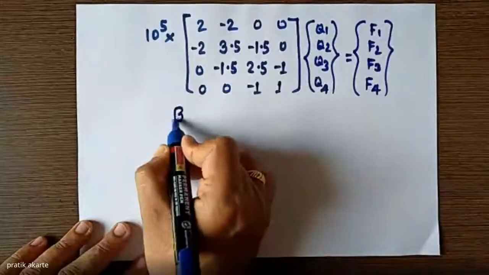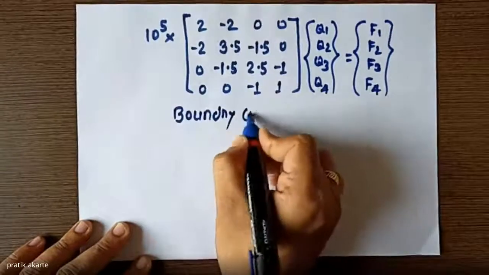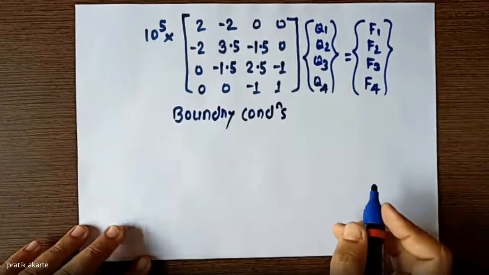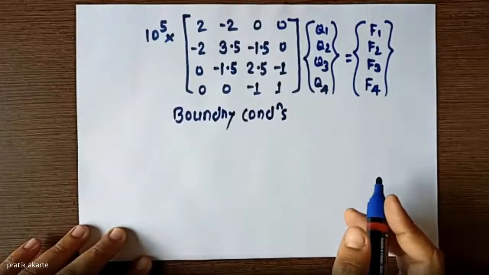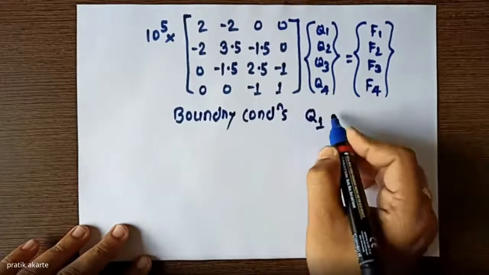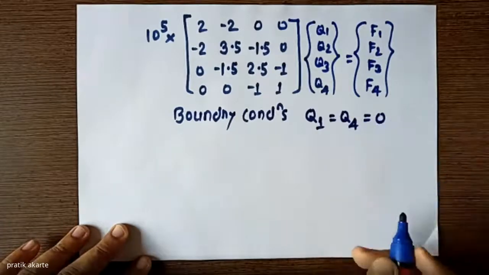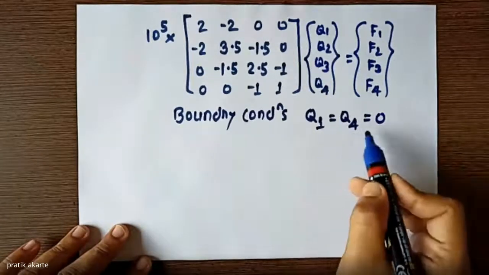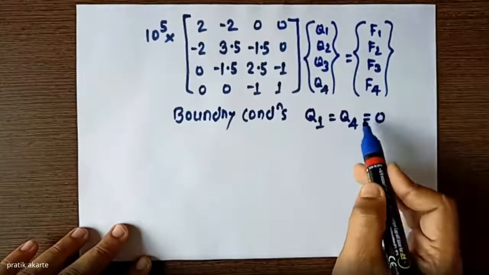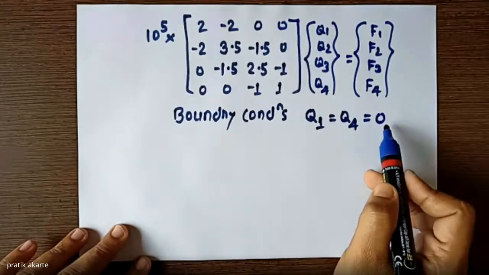Now applying boundary conditions. This is an important part of this problem. Boundary conditions means the information which is known to us. Here we know that at node 1 and at node 4 the displacements are 0, because your ends are fixed as given in the problem.